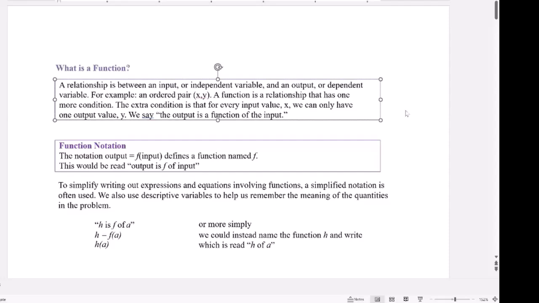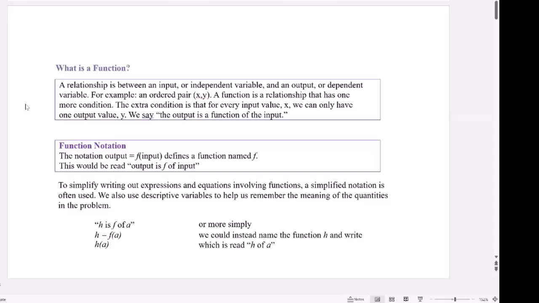So a function is a type of relationship, okay? A relationship is between an input, or what we call an independent variable, and an output, which we also call a dependent variable. For example, an ordered pair, x comma y, is a relationship.